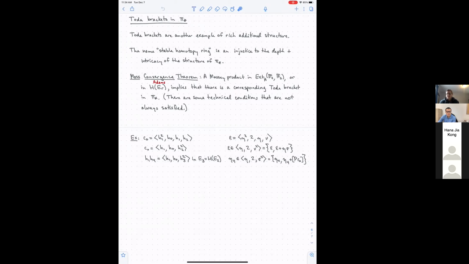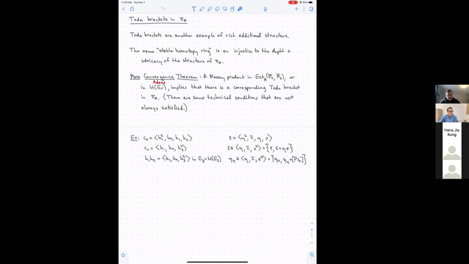The stable homotopy ring tells you that you should be understanding these abelian groups and their product structure. That's what the word ring is, right? It means addition and multiplication. And it's really an injustice to the rich additional structure that the stable homotopy object has. It goes so far beyond the primary product structure, okay?